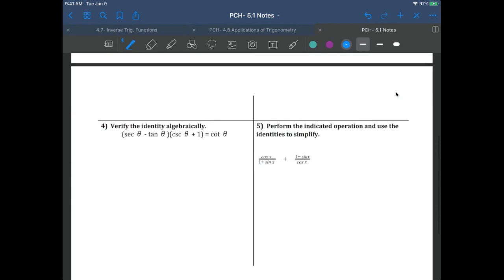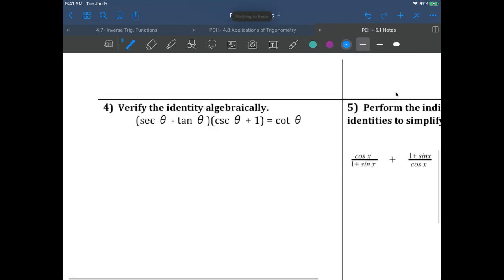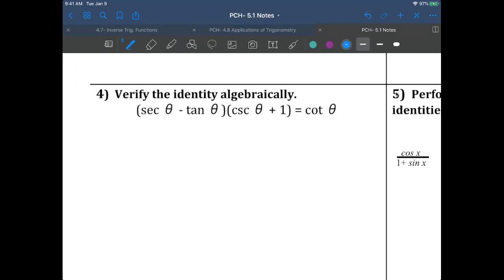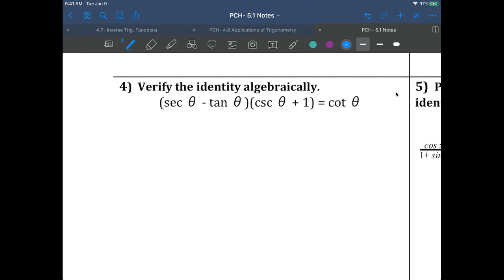All right, we're going to verify that one side is equal to the other. Remember, we start with the more complicated side. So I am going to start with the left, and I'm not going to touch the right at all. All right, so you can area model this, or you can multiply them, double distribute here.